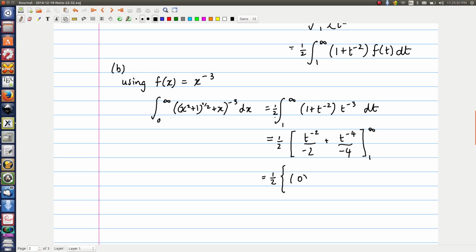So 0 minus, and then inside the brackets, the substitution of 1, I'm getting minus 1/2 and minus 1/4 there. Okay, so all those negative signs cancel. I get 1/2 of 3 over 4, which is equal to 3 over 8 as required.